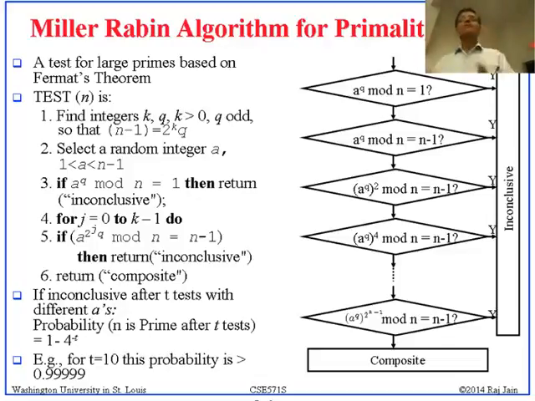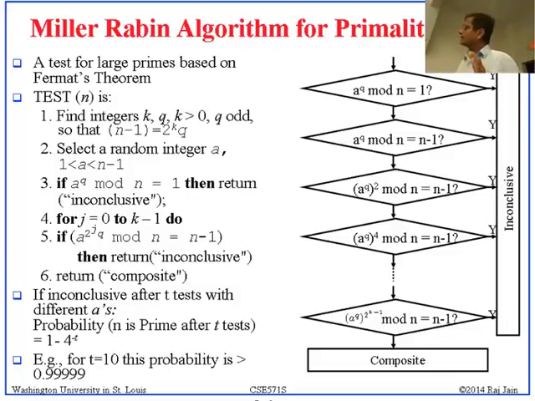So you divide it by 2. If you still get an even number, you divide by 2 again, and again, until you get an odd number. And that is your q. All right? So given any number, you can find out k and q. Feel okay? Right? So n minus 1 has to be 2 raised to k times q.